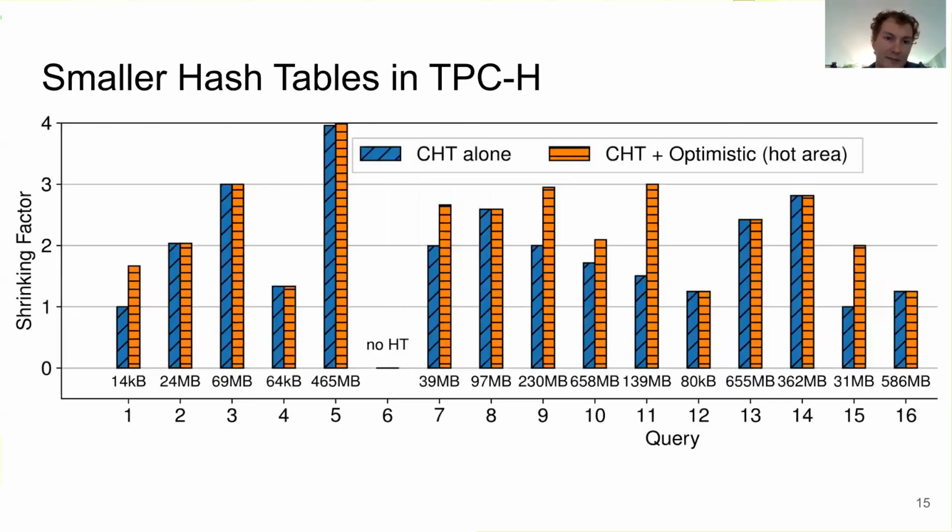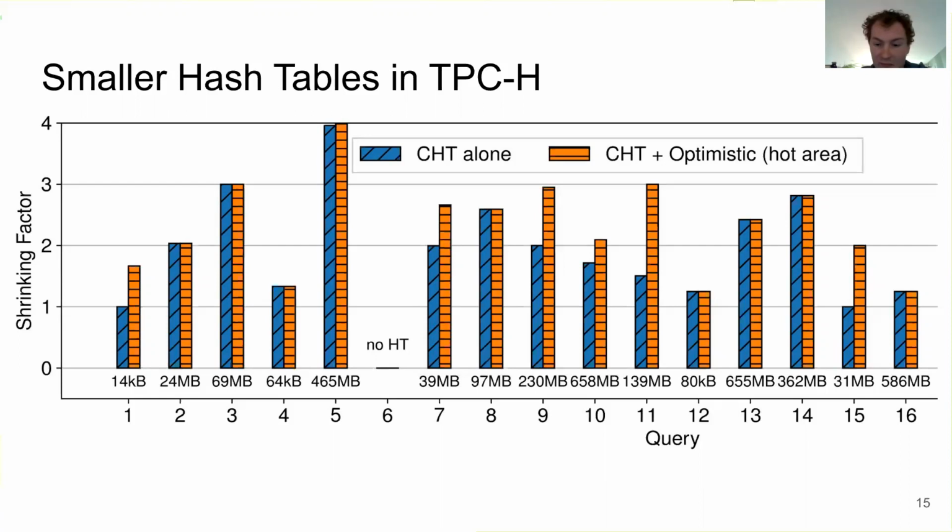We also see smaller hash tables in TPC-H. What you see here is the shrinking factor for our method with only compression in blue, and in orange with compression and our optimistic decomposition. What we see in both cases is a maximal reduction of up to 4.